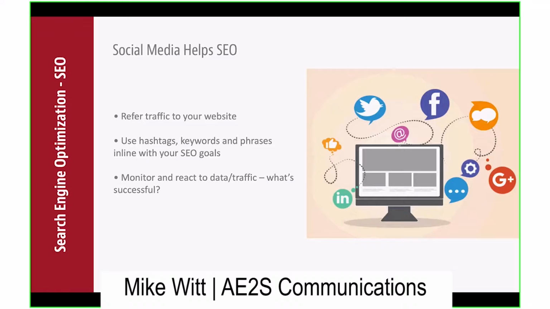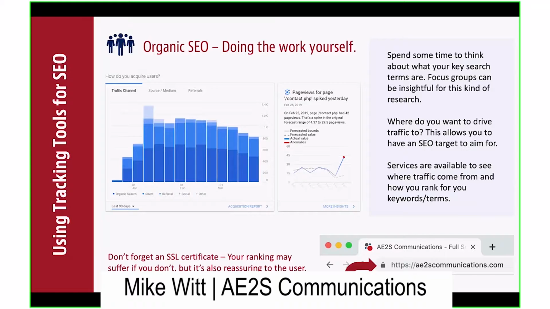I'm going to pause again for any questions about social media, and then I'm going to get a little bit deeper into SEO: using tracking tools for SEO and why they're important. Before we get into these tools, Google is not the only search engine, but people use it. 63% of internet users use Google, 24% use Microsoft, and 12% use Yahoo.